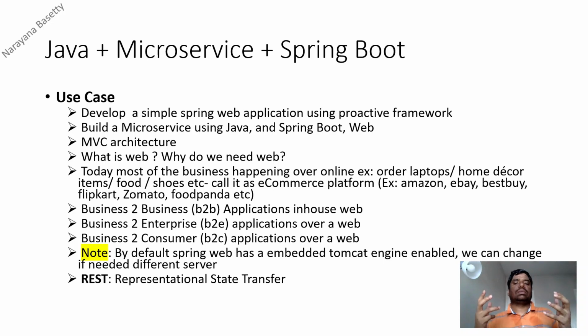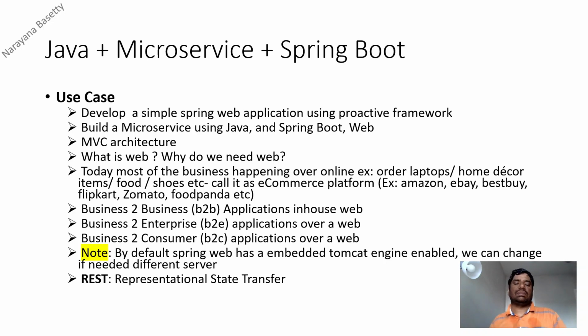For example, www.google.com. You go ahead and search something, it is hosted by Google, the request is processed internally, and it serves and gets the result back to us. Likewise, you have the applications.